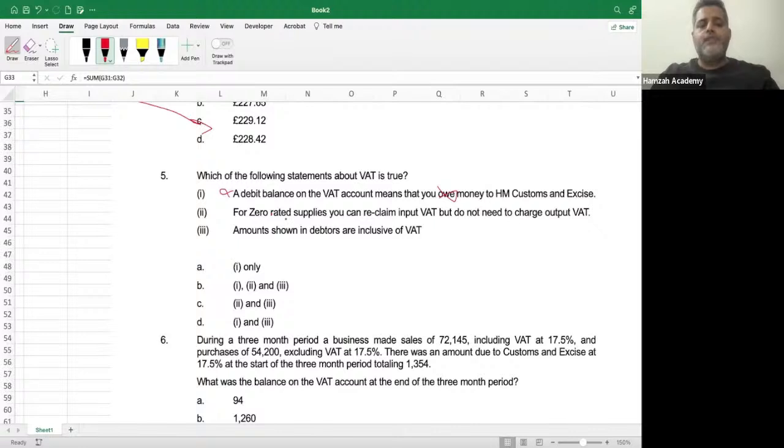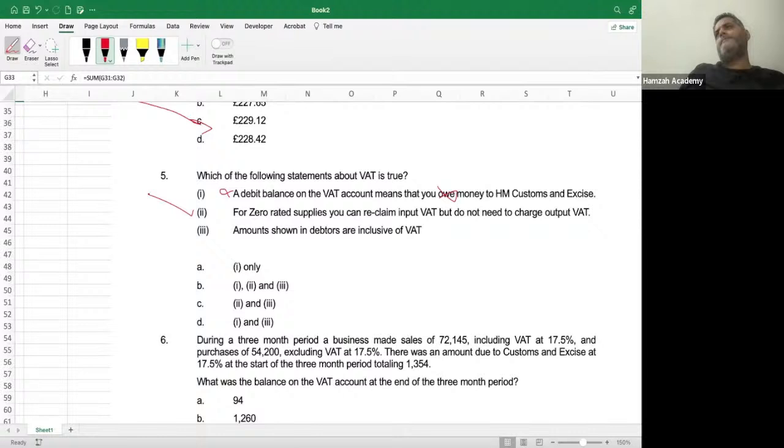Then for zero rated supplies, you can reclaim input VAT, but do not need to charge output VAT. This statement is true. Now, let's talk about zero rated supplies. Zero rated supplies are the supplies on which you do not have to charge the tax, or the government has said that you are not going to charge the tax on that.